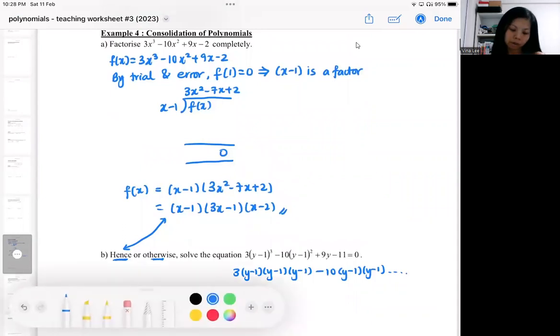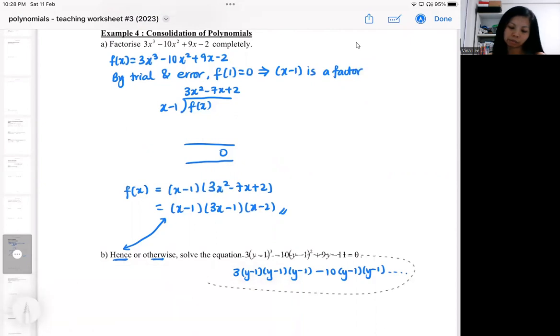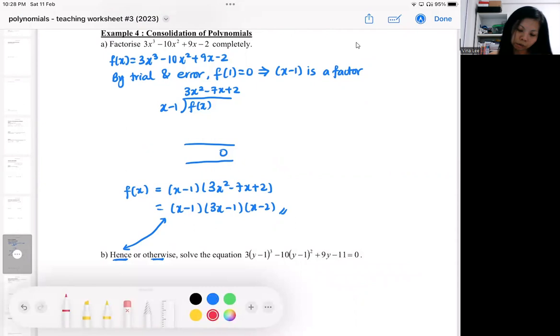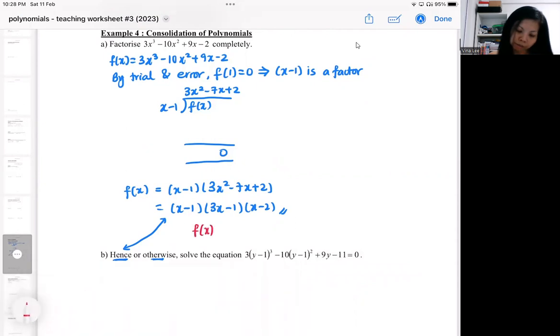If you observe this expression, maybe to make things simple, I'm just going to write my original f(x) here.